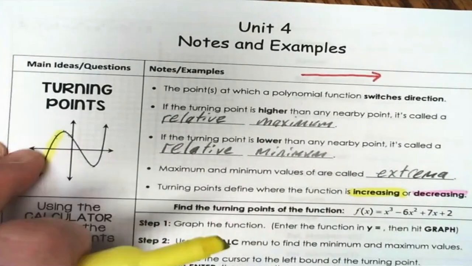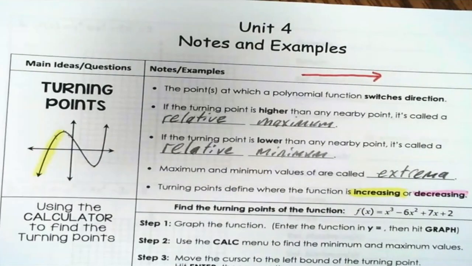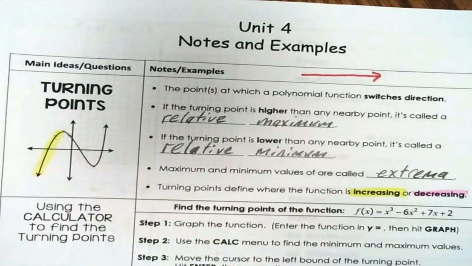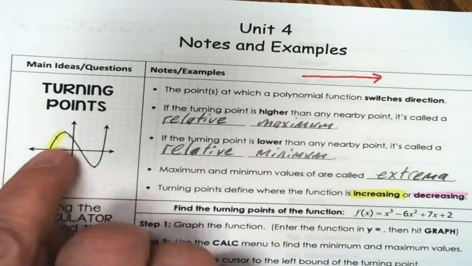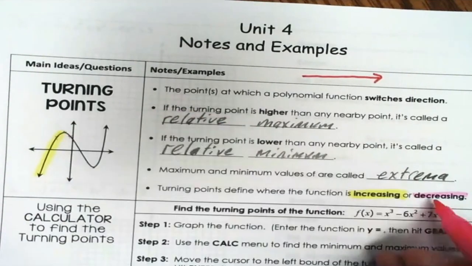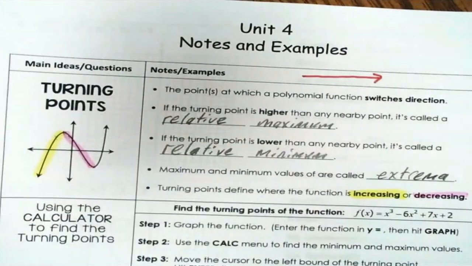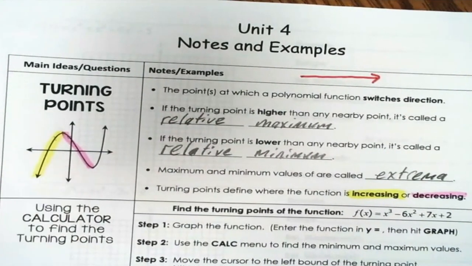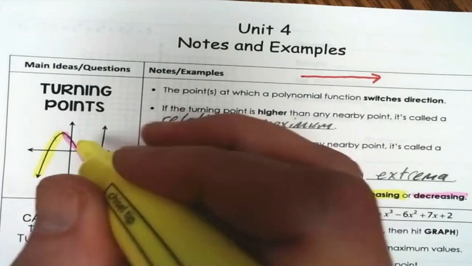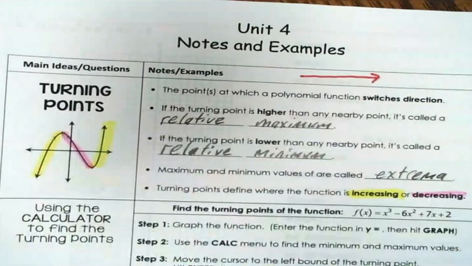The farther we go to the right, the higher that graph goes until it gets to that relative maximum right there. Now, as we continue going right, the graph's going back down. So this is decreasing to right there. And then once it hits that relative minimum, as we continue going to the right, it will increase all the way as far as the graph goes, all the way to infinity.